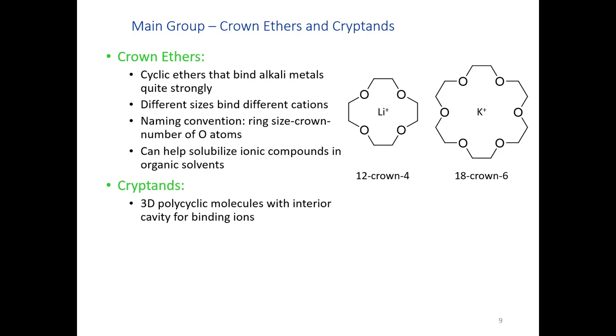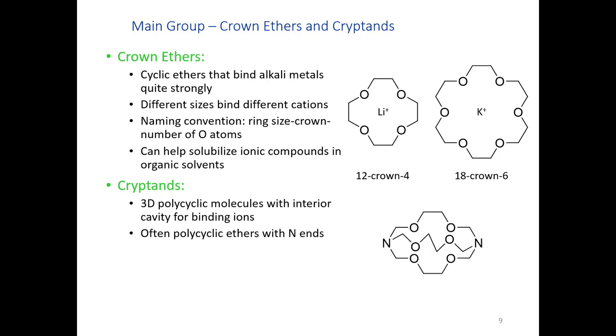Somewhat similar compounds are cryptands, which are three-dimensional polycyclic molecules. A common structure is a polycyclic ether with nitrogens at the ends, as shown here. Depending on the size of the cryptands, they can bind different alkali cations in their central cavities.